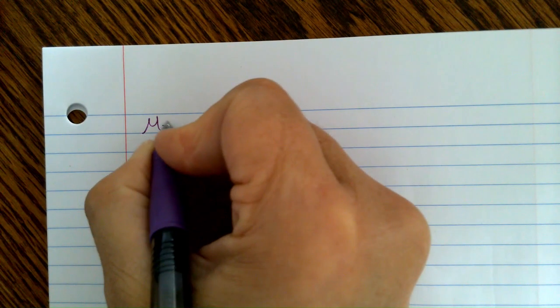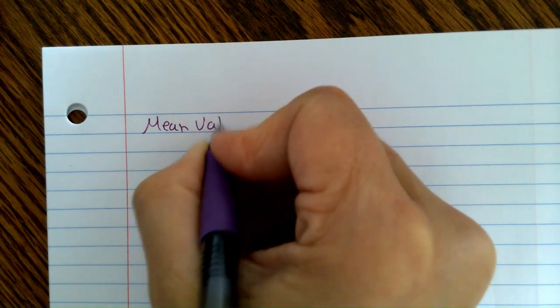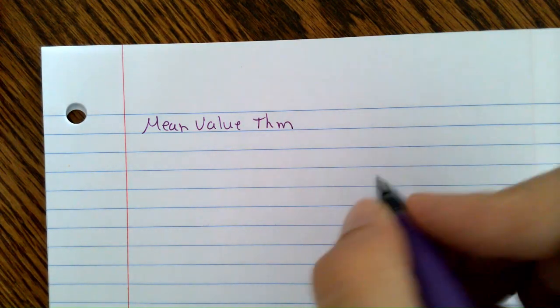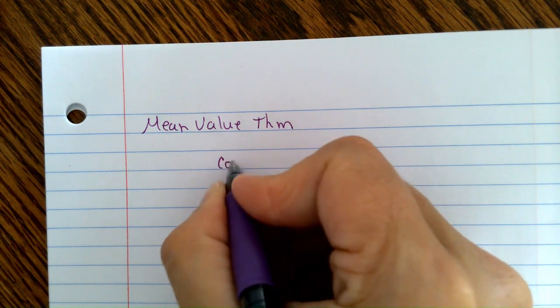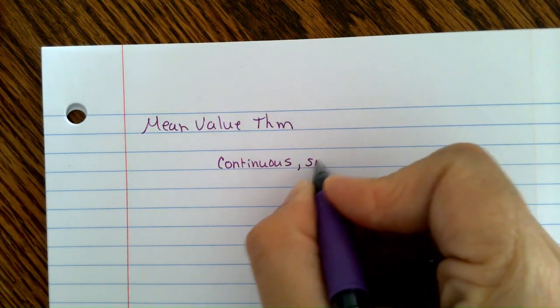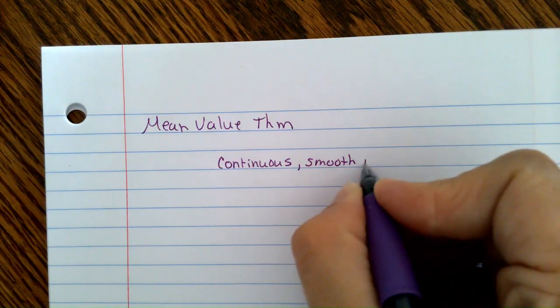Okay, so the mean value theorem. That one's a little bit tougher and not quite as common sensey, but once we talk about it, it will make sense. Okay. So again, continuous, smooth interval.